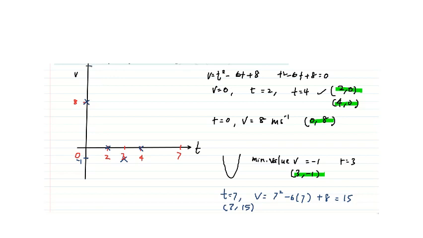For example, this is 15, right here. So we connect all the points, that will make a quadratic graph.